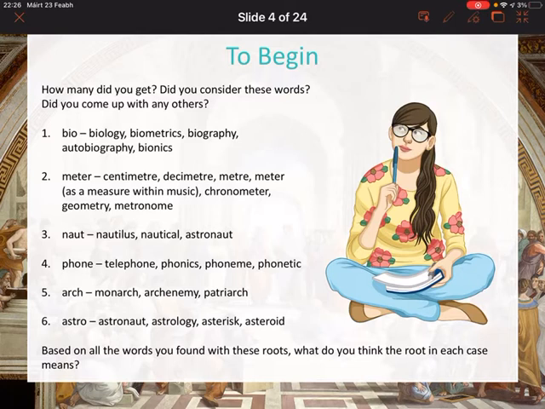And then phone, you have telephone, so it all means sound or speaking. And then arch, so that comes from a word meaning the first or the leader, or the chief. And then astro coming from the stars.